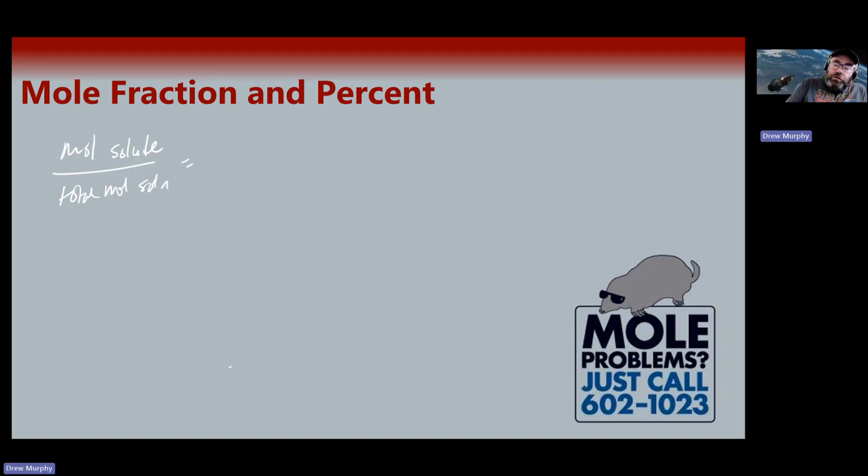This is mole fraction, given the symbol X, and the subscript A tells us which substance it is. If you have A and B mixed together, this is the mole fraction of A. If you have sodium chloride in water, this would be the mole fraction of sodium chloride. You could also do the mole fraction of water. The mole percent is our mole fraction times 100, and mole percent doesn't have a nice unit. It's just percent.